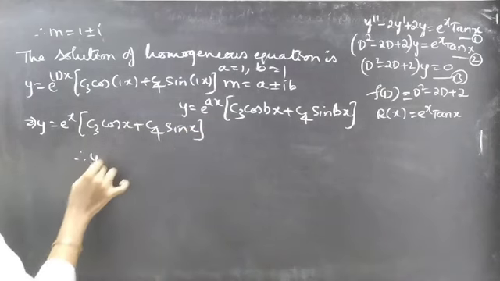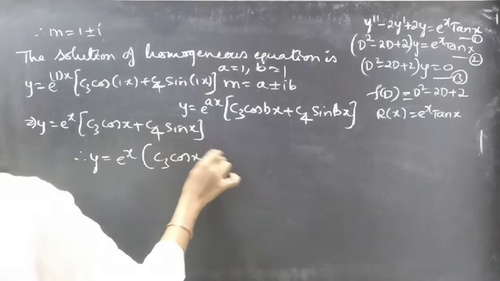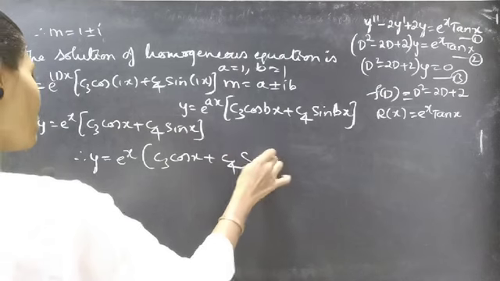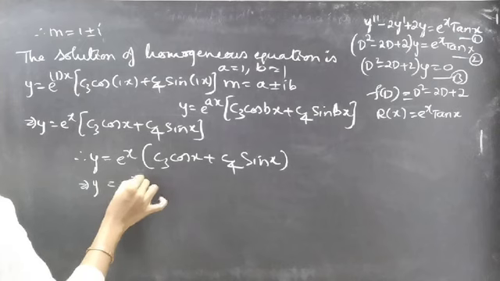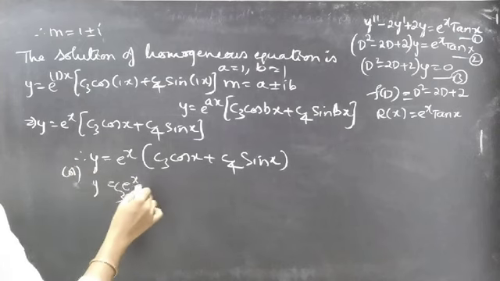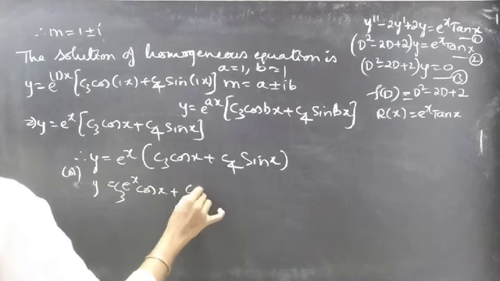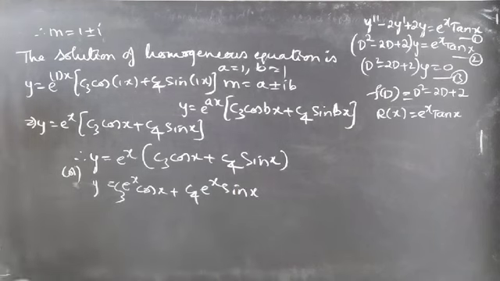Therefore, y equal to e power x (C3 cos x plus C4 sin x), or y equal to C3 e power x cos x plus C4 e power x sin x.